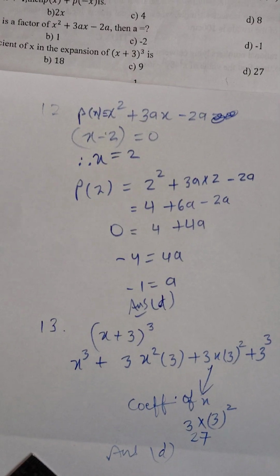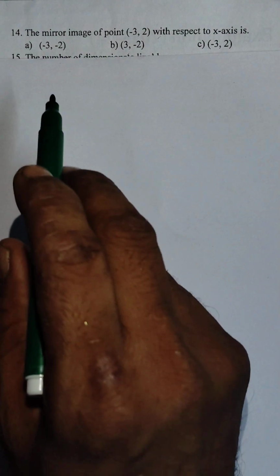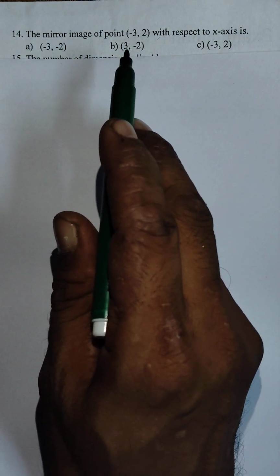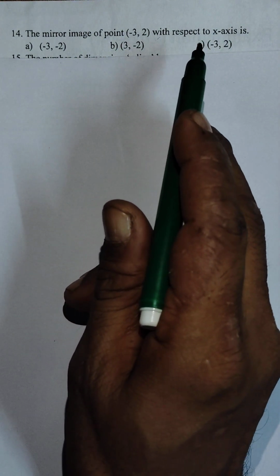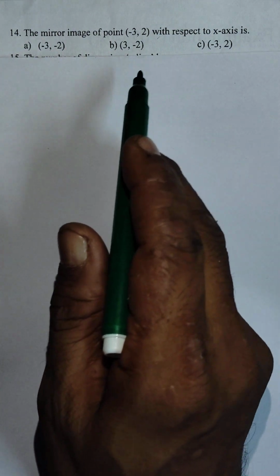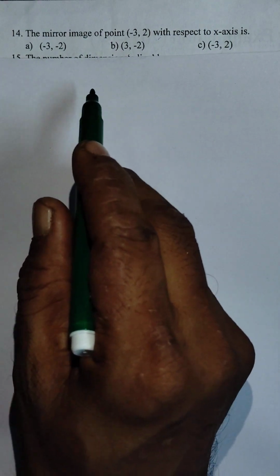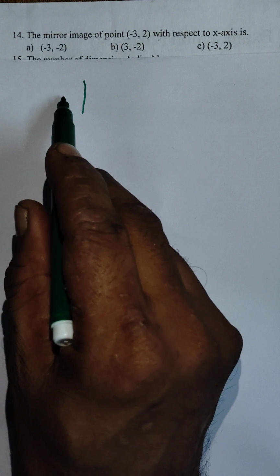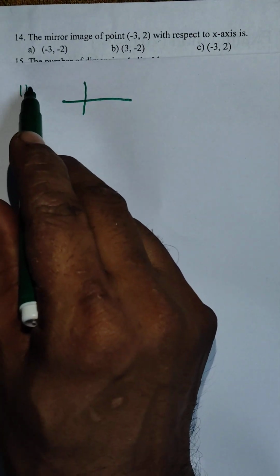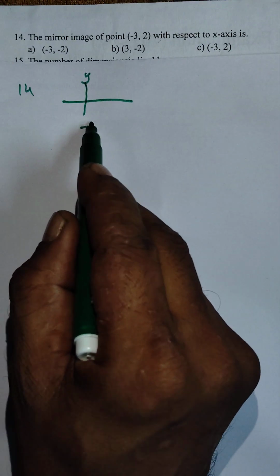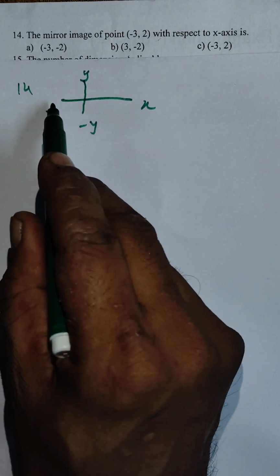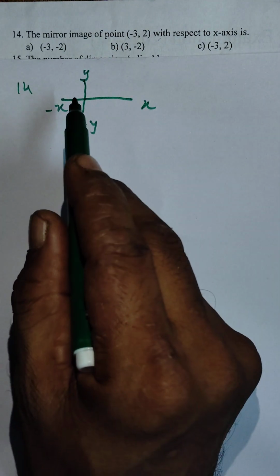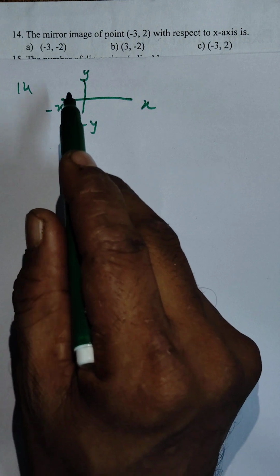Next question number 14. Question 14 is the mirror image of point minus 3, 2 with respect to the x-axis. Mirror image. Since we know that this is the coordinate axis we are drawing, this is y, this is minus y, this is x, this is minus x. So minus 3, x is minus 3, so it is second or third quadrant.